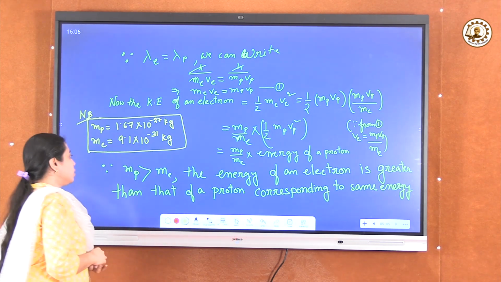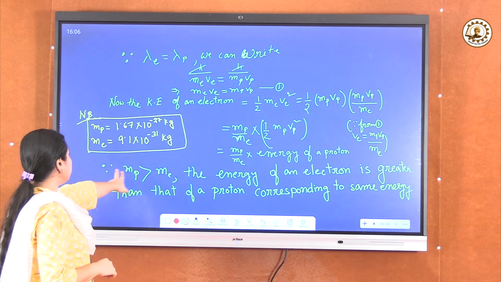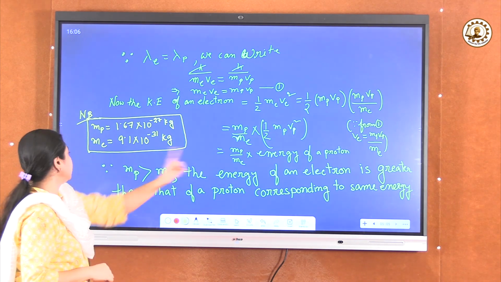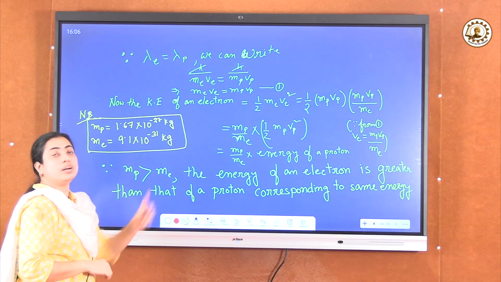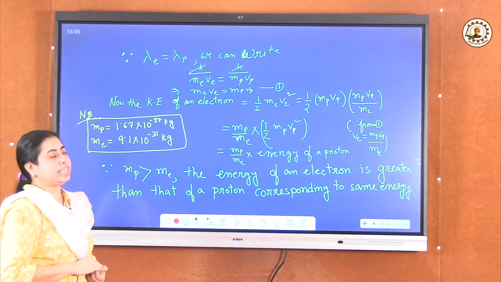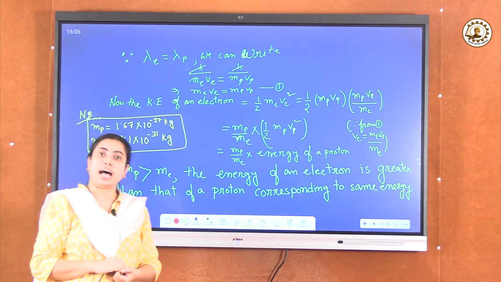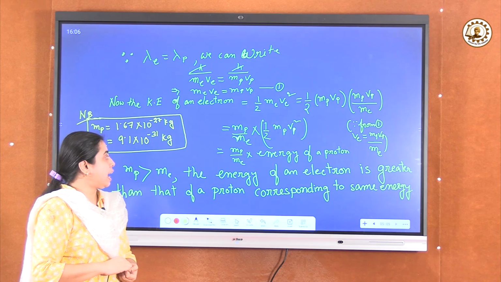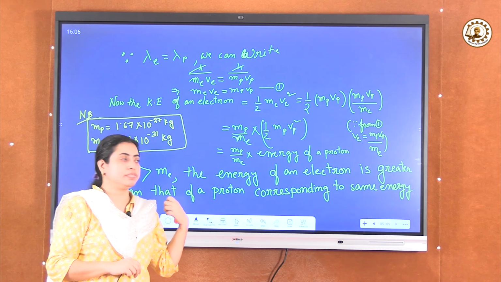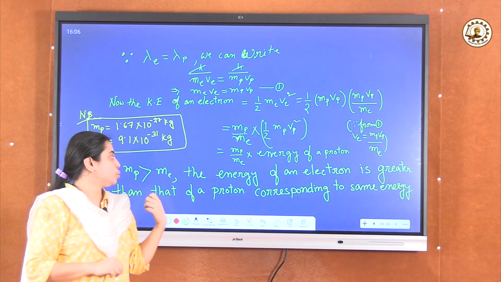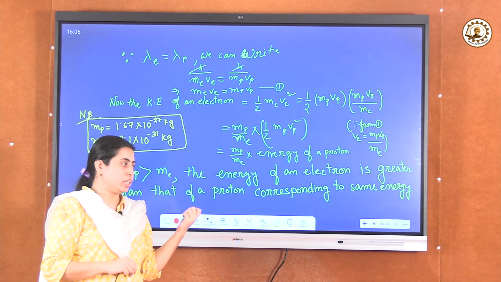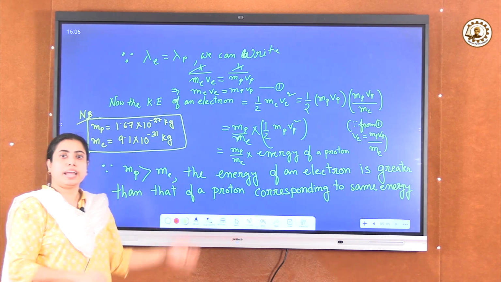So that is the question. What we are showing is that the energy of an electron is greater than that of the proton corresponding to the same wavelength. This is our answer to this question, and the marks allotted in that year of the exam is 5 marks. So I hope you understand this problem, and thank you so much.